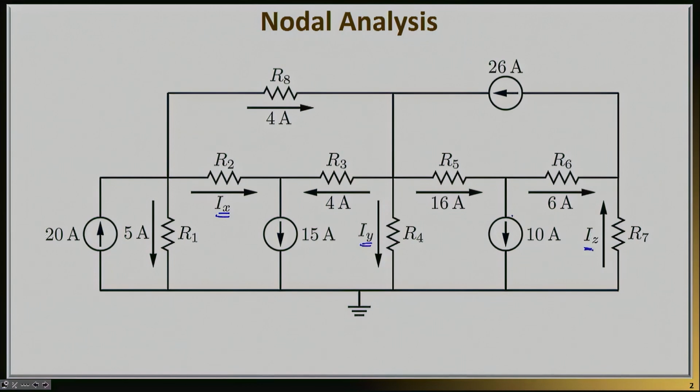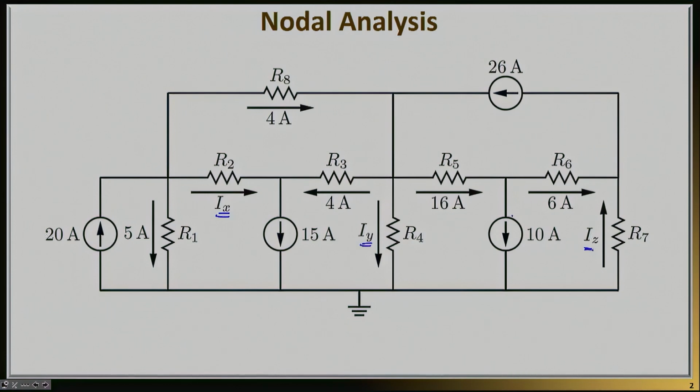So let's say that these are the unknown currents that we have, and if you were to pay close attention here, you will find out that it's actually relatively easy to find the unknown currents, primarily because those currents are coming out of essential nodes or flowing into essential nodes where everything else is basically known.